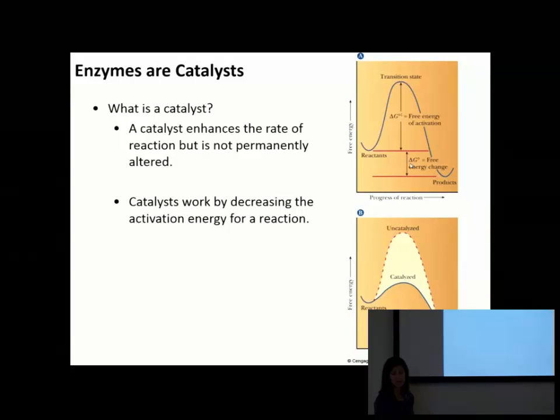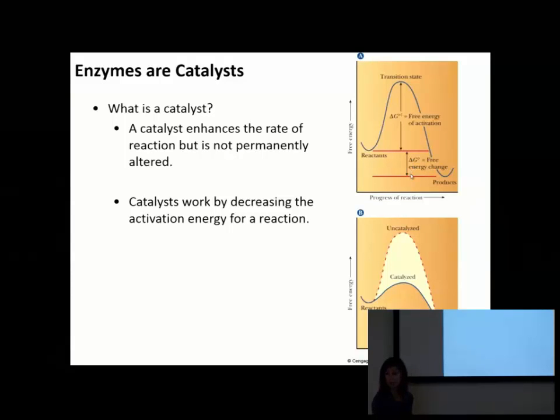Final is a small number, minus initial, a big number, gives a negative number. So going down in energy gives a negative change in free energy. That's why a negative delta G means a spontaneous reaction: you're going from more energy in the molecule to less.